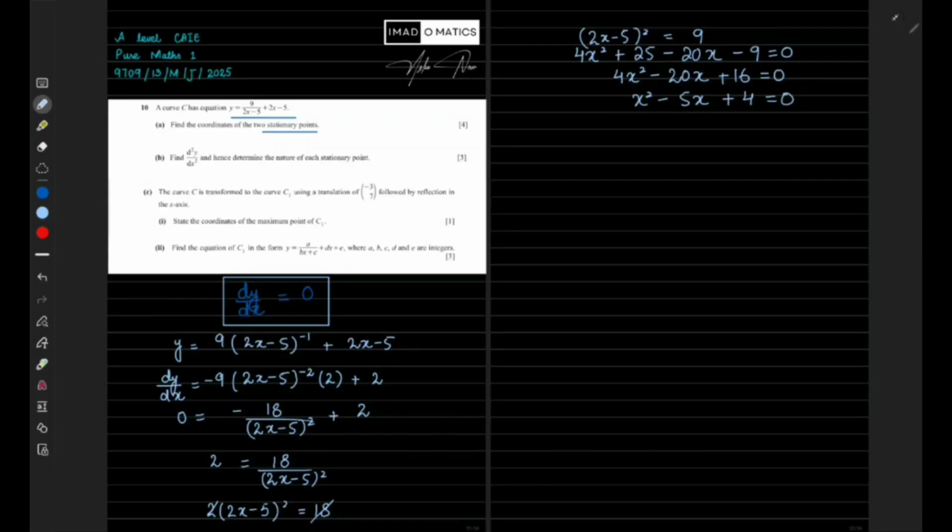Now breaking the middle term, which two numbers upon multiplication give you 4 and when added give you 5? So 4 and 1. So x squared minus 4x minus x plus 4 equals 0.